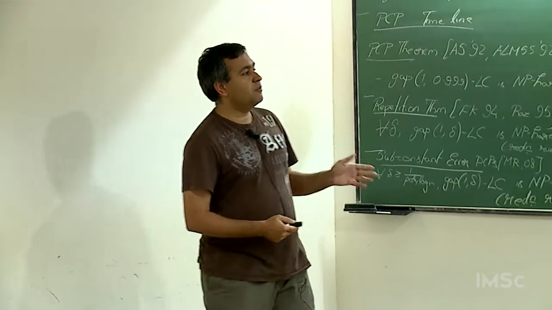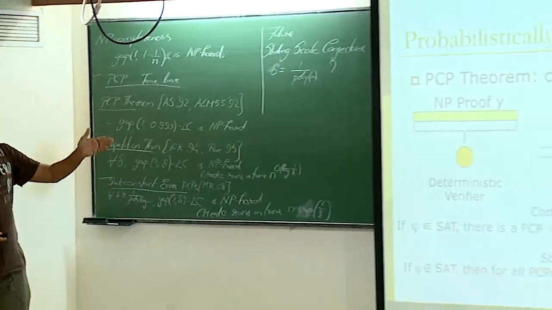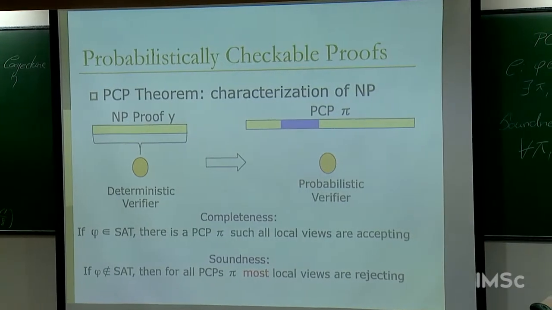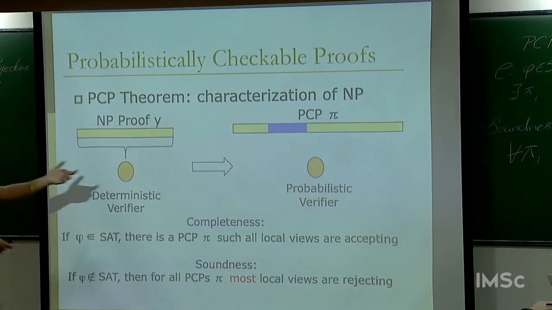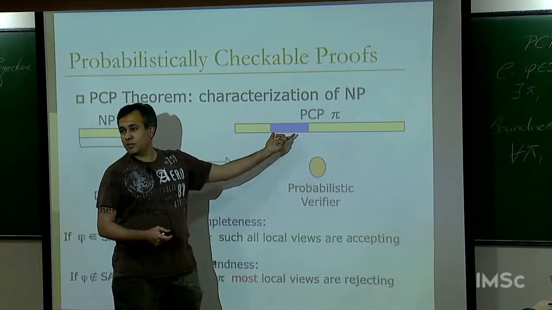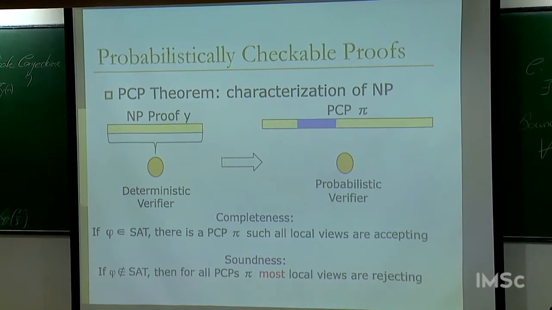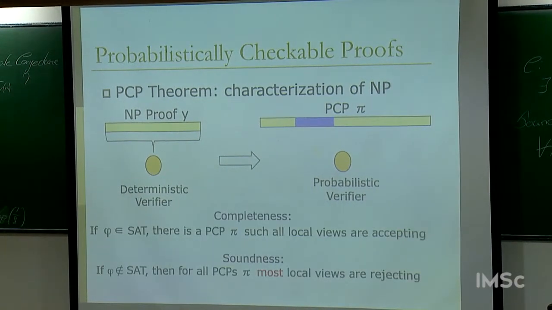And the PCP theorem just states that every such proof can be rewritten in such a way that the verifier tosses at most logarithmically many random coins and makes at most, in fact, the window is extremely local. It just queries a constant number of bits of the proof and has that completeness and soundness property. Fine so far.